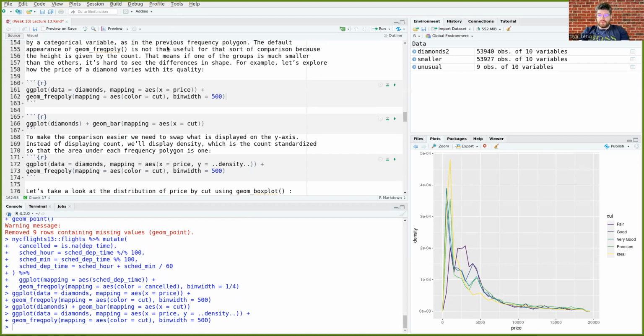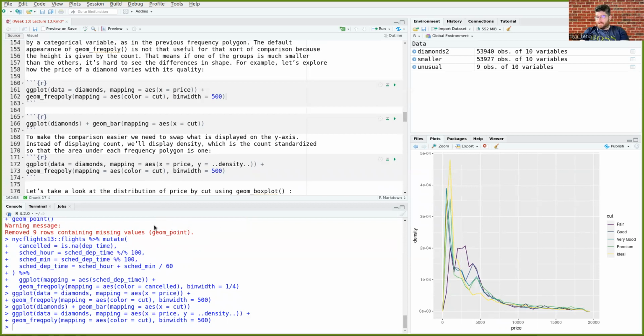Instead of counting how many values, we divide all by the total, and we have the relation of the frequency. Here's the density. It shows us the frequency of the values, and here it is possible to see that in this price range, fair cut diamonds cost even more than the ideal cut diamonds.